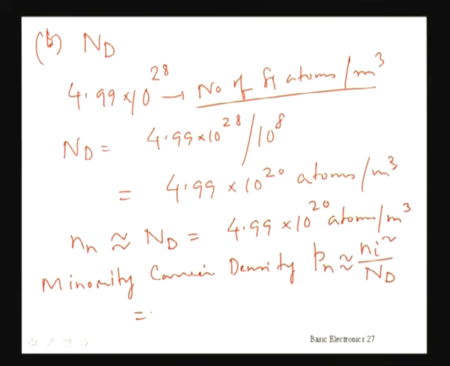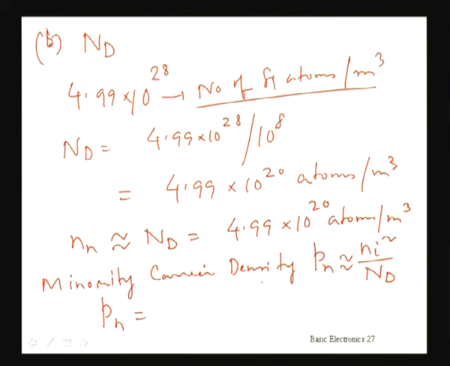Now when you replace, you have to see, because Ni in our example is given, if you look into the problem, it is given as 1.5 into 10 to the power 10 per cm cube. But here you see that Nd is per meter cube. So, we have to bring conformity by multiplying or dividing accordingly.